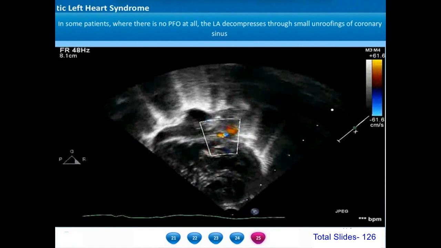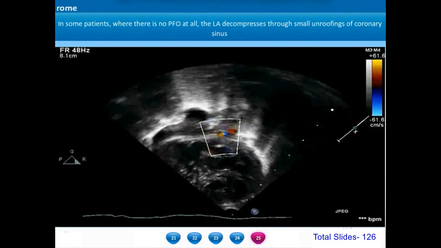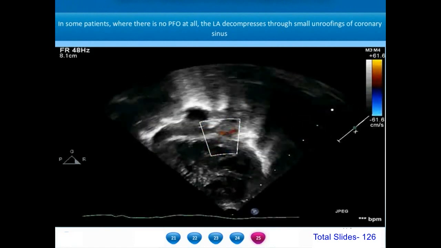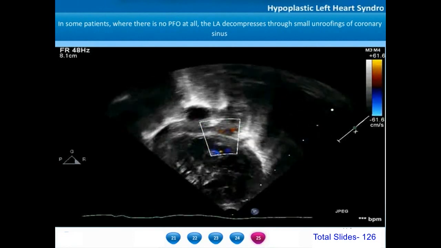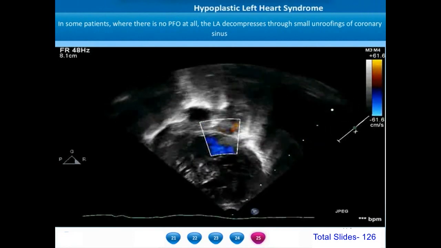The left atrial blood enters the coronary sinus through small areas of unroofing in the coronary sinus and gets an exit into the right atrium. This will be the only egress for the pulmonary venous blood into the heart.